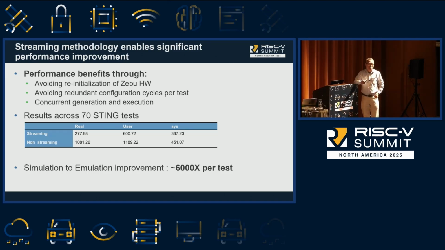We ran a Sting test on the XiangShan 4-core design, and we see more than 6,000x performance improvement when comparing emulation with simulation. And this 4x performance with the streaming method is an add-on to that performance improvement.